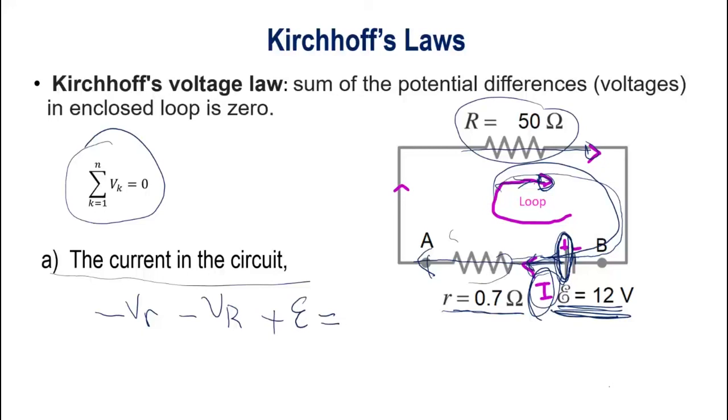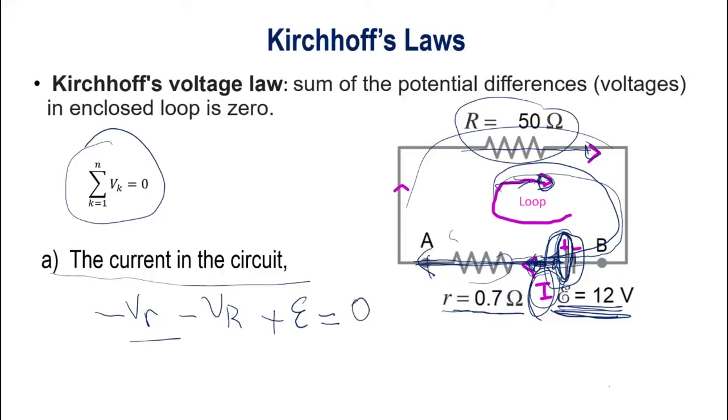Because I made the complete loop, I started from here, this is VR, then I came back to the start, where the last point is this E, or EMF. The sum of the potential differences in an enclosed loop is 0.